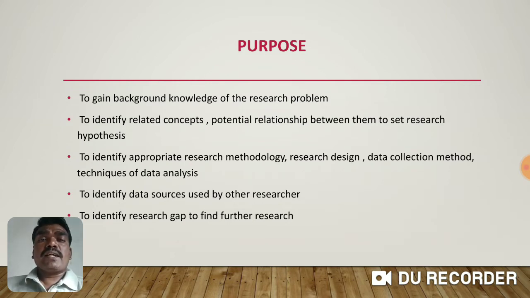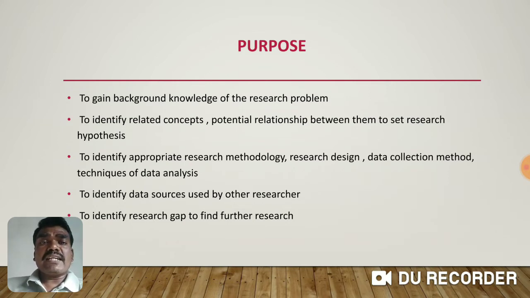Okay. Next point is that it is very important from the researcher's point of view to identify the appropriate research methodology, research design, data collection method, and different techniques or statistical techniques which others used in their research. This enables the researcher to understand what type of statistical techniques, tools and data collection method the researcher is going to use in his research work.